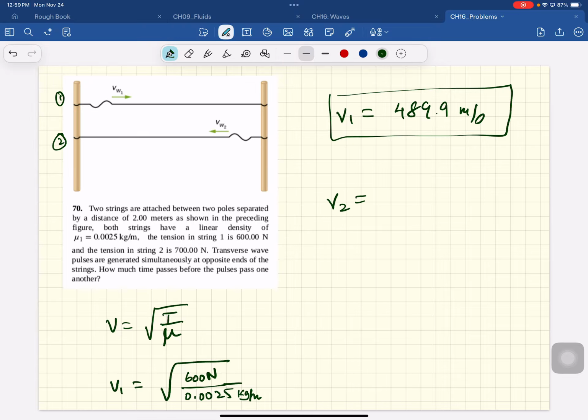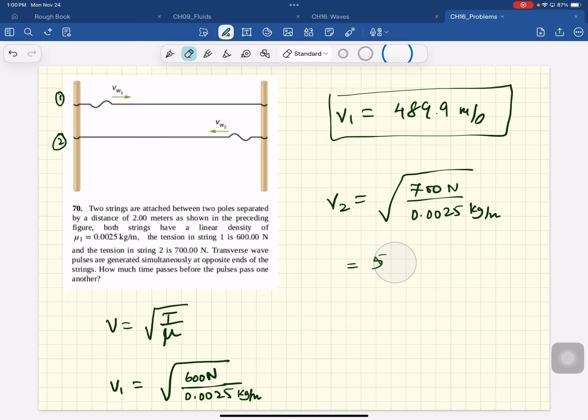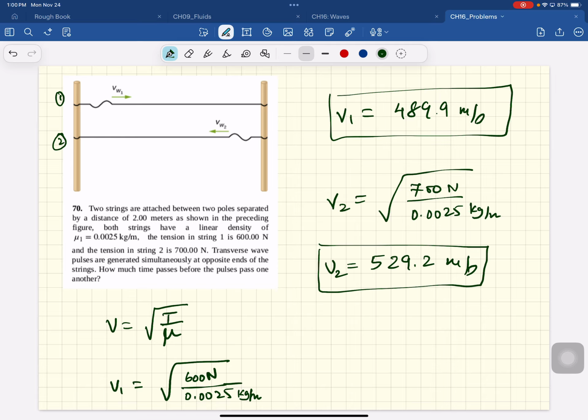Similarly, V2 is the square root of 700 divided by 20, and this will work out to 529.2 meters per second.